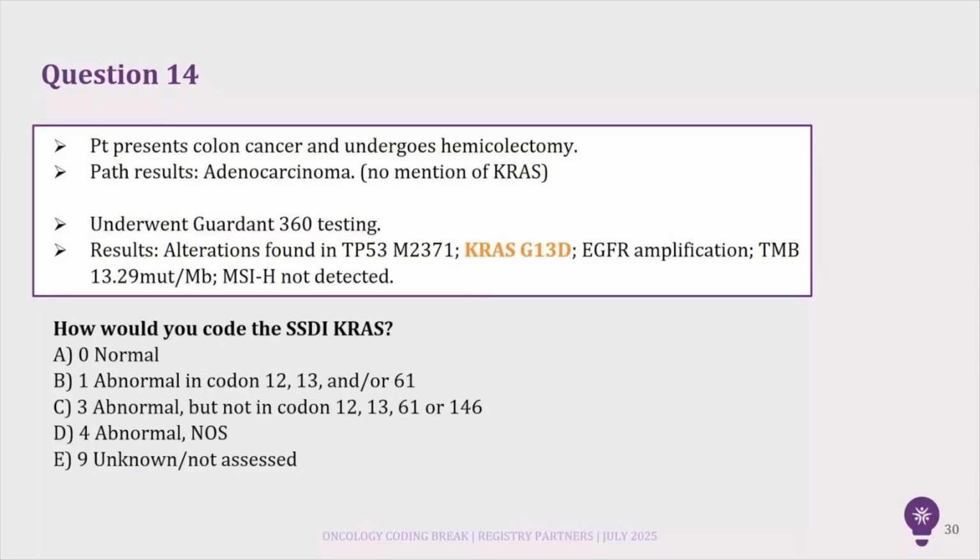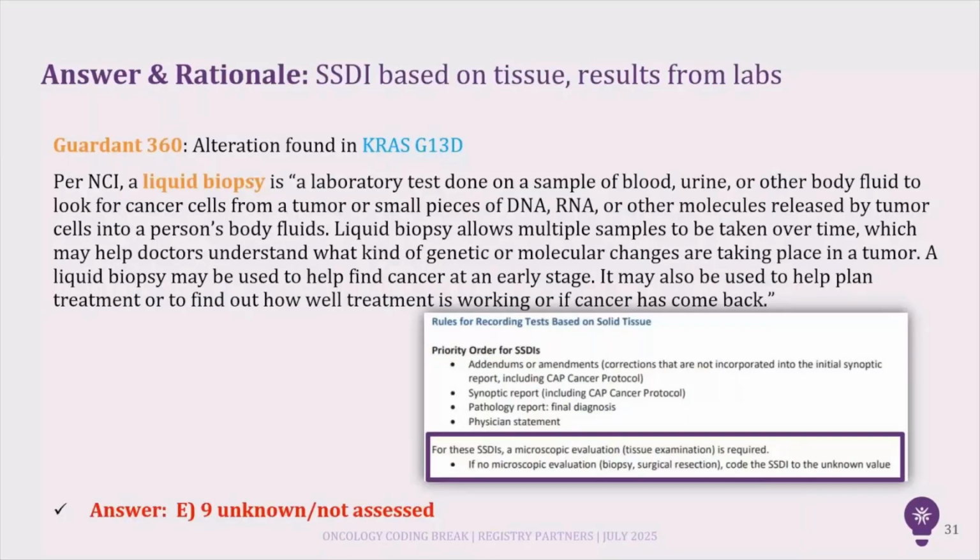There are two types of SSDIs. We'll look at the next screen, but this one for KRAS is based on tissue. And it tells us that if no microscopic evaluation mentions this SSDI, then we're going to code unknown. So we did have microscopic examination of tissue for the biopsy, but there was no KRAS mentioned. This patient went on to have that liquid biopsy, and it was positive for the KRAS mutation, but we cannot use that in this SSDI.